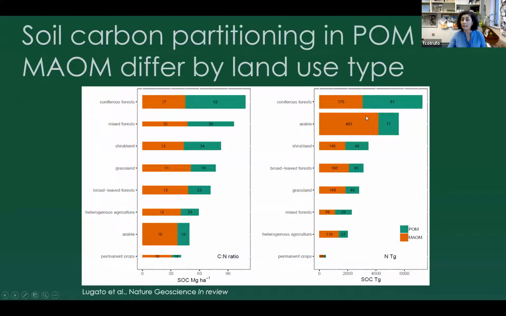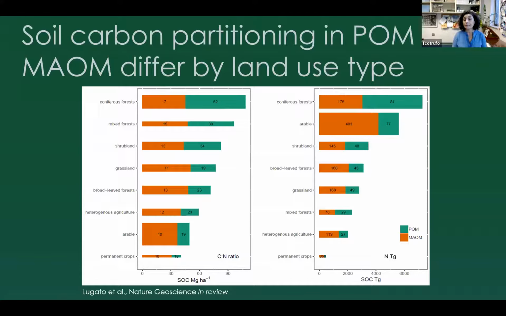When we multiply by the land area, we see that arable land is the second largest system for carbon in Europe. This information is very helpful if we want to target specific management practices, because we know, for example, that we need to protect the carbon in forests, or how we can manage arable land to store more carbon, in particular to increase the POM in arable soil.